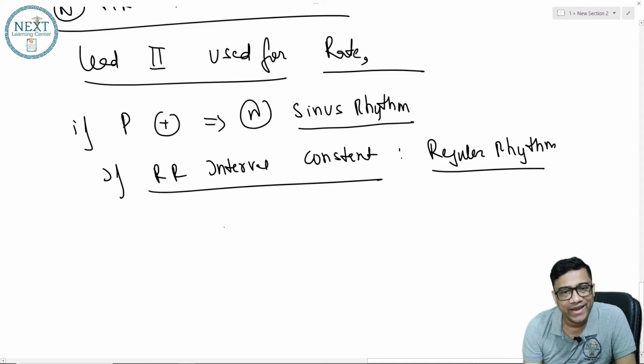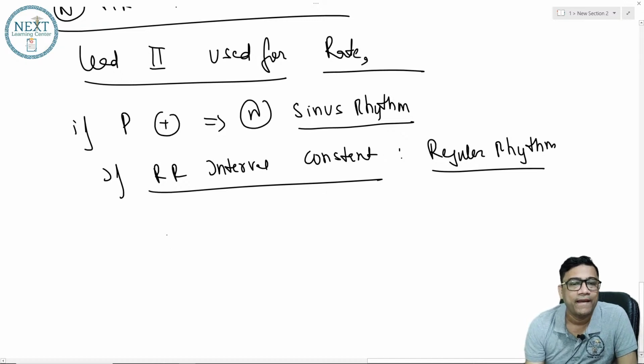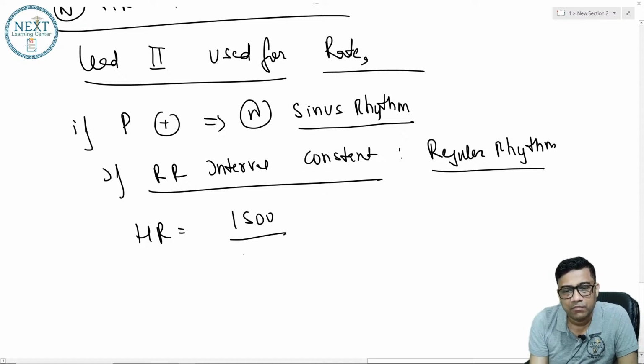Next important thing: if the rate is less than 60, it is bradycardia. So how do you calculate? Heart rate is given by 1500 divided by the RR interval in millimeters.